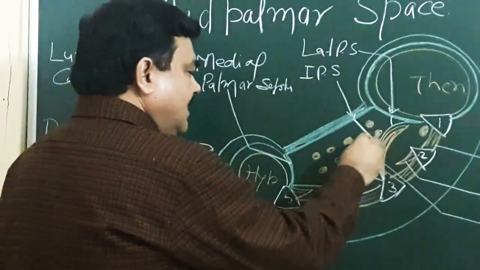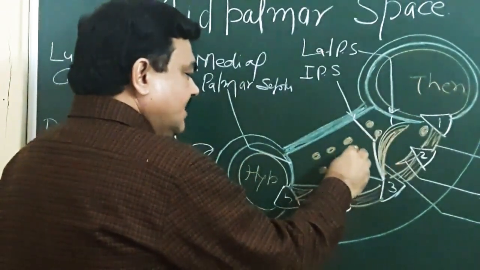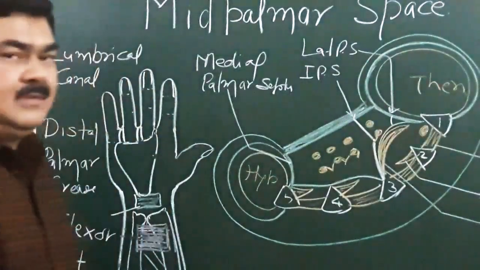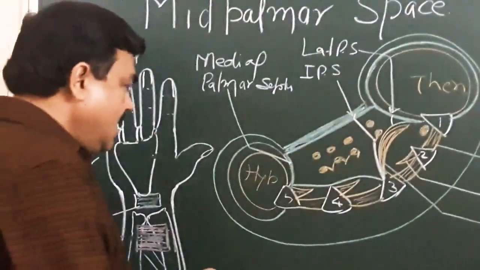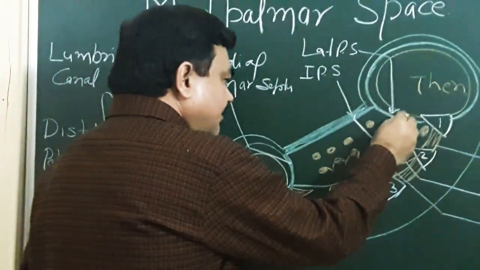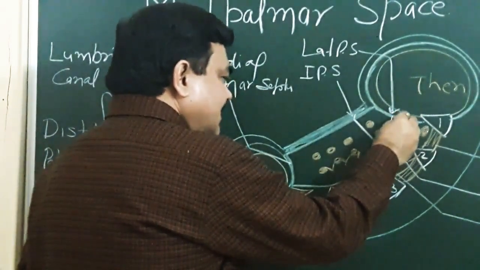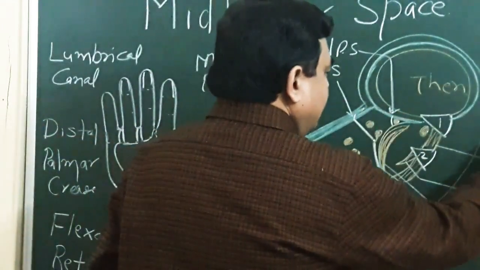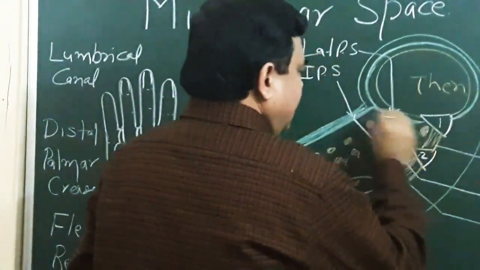Here is the first lumbrical, second lumbrical, third lumbrical, and fourth lumbrical. And here is the position of the tendon of flexor pollicis longus.